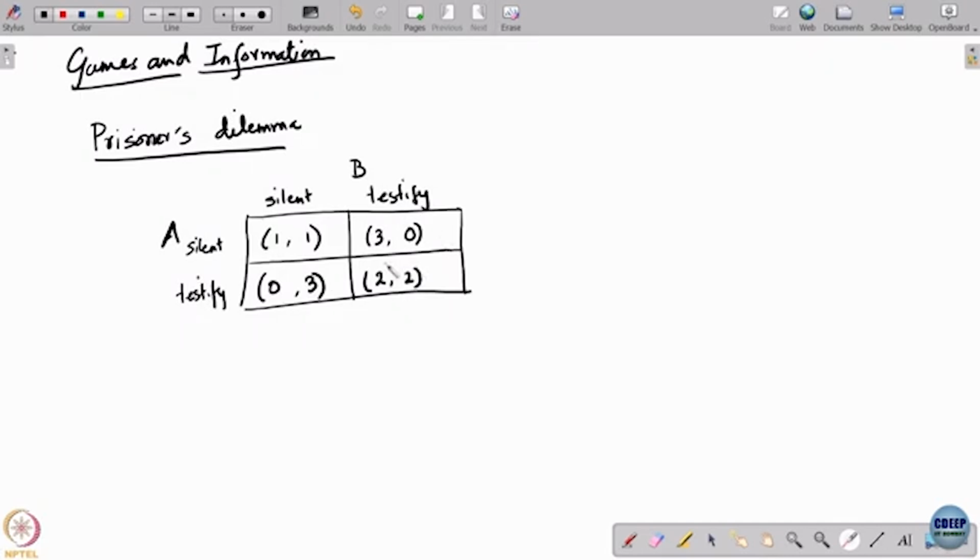And the situation is symmetric. So naturally, similar reasoning can be applied for B also, and so consequently, it makes sense that both players testify. All right. So this is one line of reasoning. This line of reasoning is essentially saying that what I am looking for is a strategy that is uniformly better than all other strategies, regardless of what the other player does.